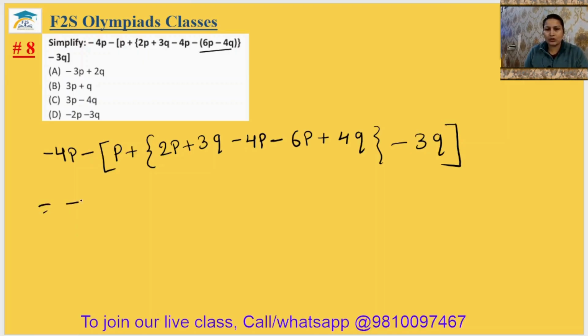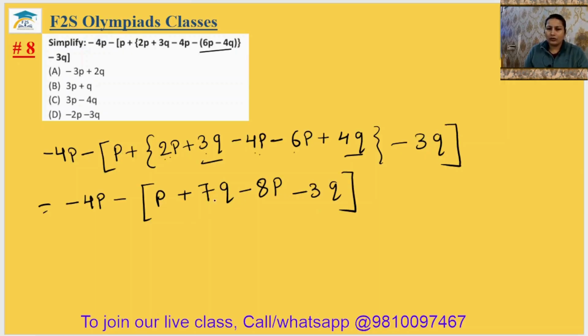Again, the middle bracket will be solved: minus 4p minus big bracket p, and middle bracket will be 3q plus 4q, so this will be 7q and 2p minus 4p minus 6p, minus 10p and p. So we can just remove the middle bracket here. So it will be plus 3q plus 4q, 7q, minus 8p, and the middle bracket will be removed, so it will be 3q.